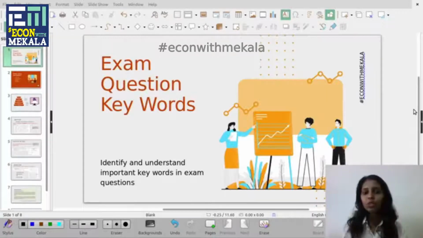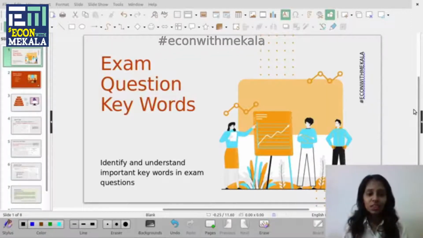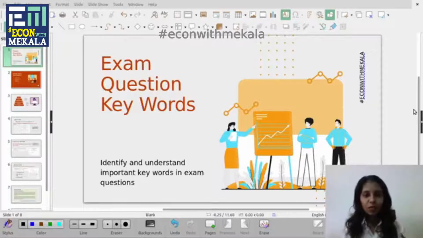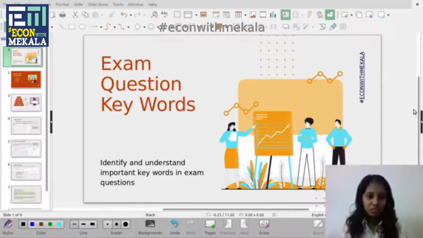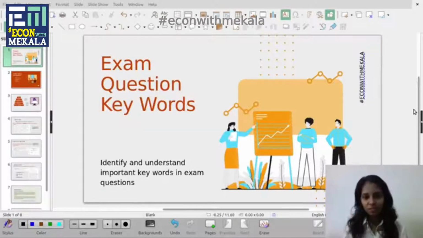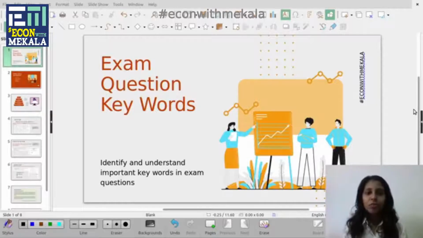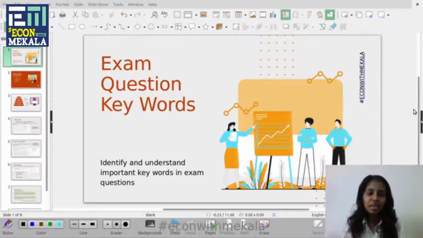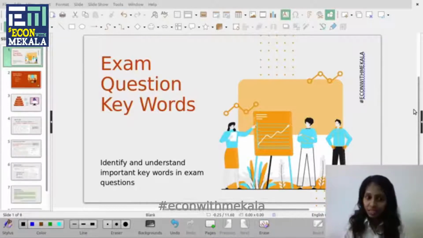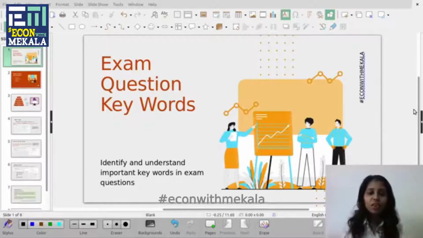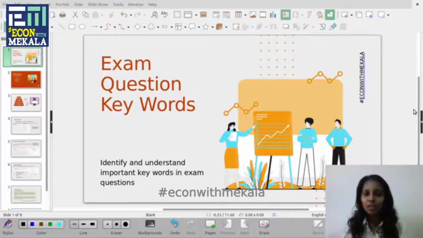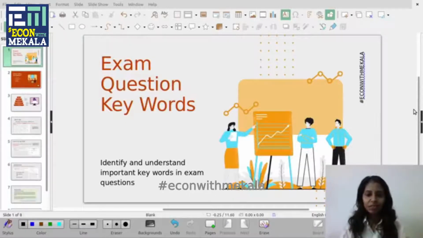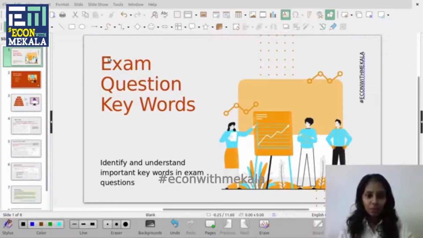So it's important to understand as a student what these keywords are and how you're going to compose your answer to match them. A very common mistake students make when answering questions is that they do not pay attention to keywords. So it's important to understand what these keywords are and how we respond to them when we find them in questions.